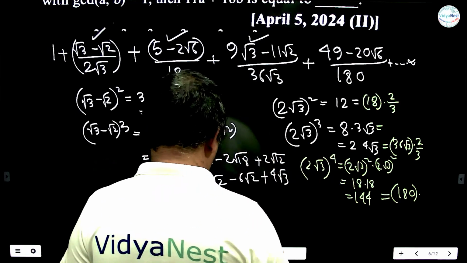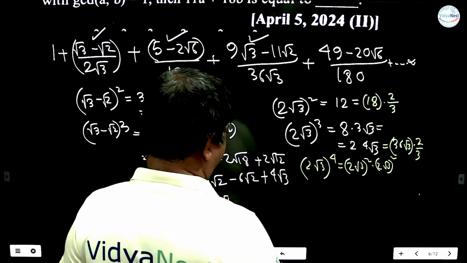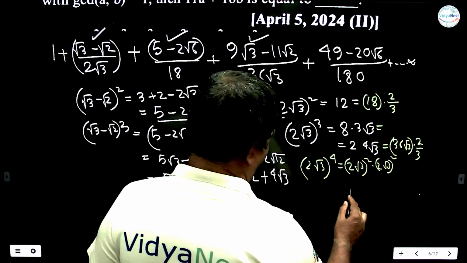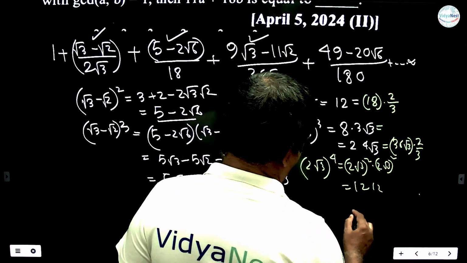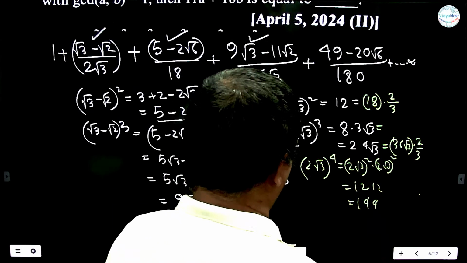Mistake, but not that much of a mistake. 144, that will come. But that relation we are not getting here.